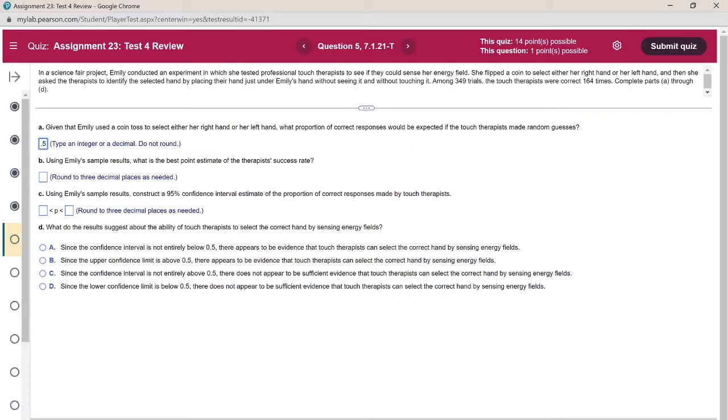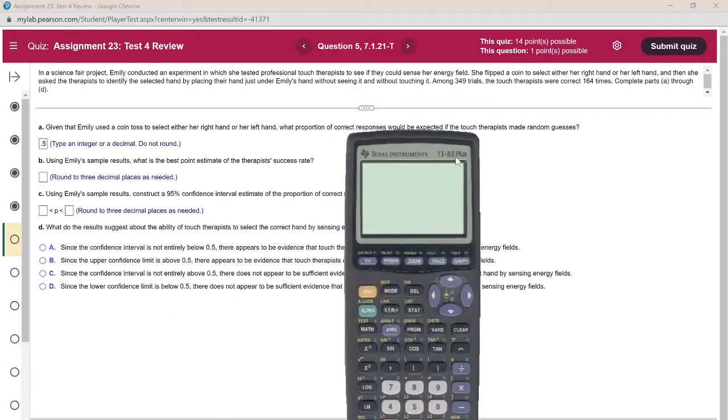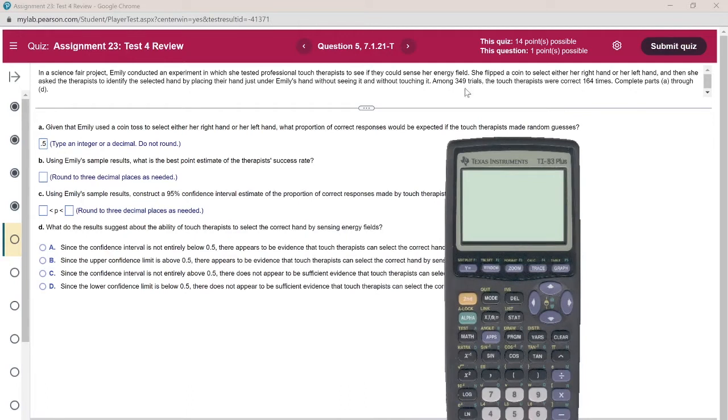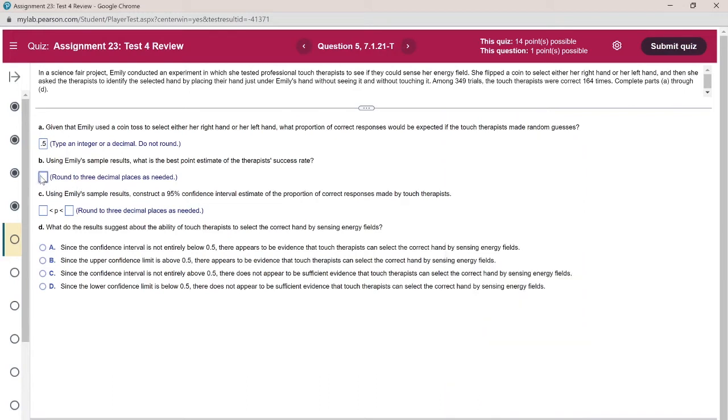Out of 349 trials, 164 were correct, so it's 164 divided by 349. Based on this sample result, the proportion is 0.469, so it should be 0.470 if you round it to 3 decimal places.